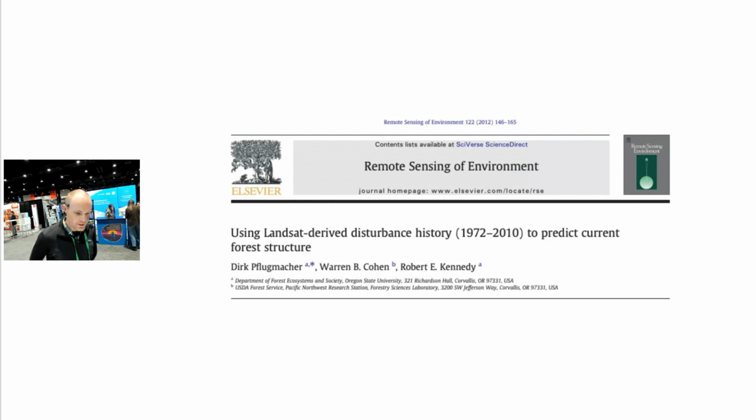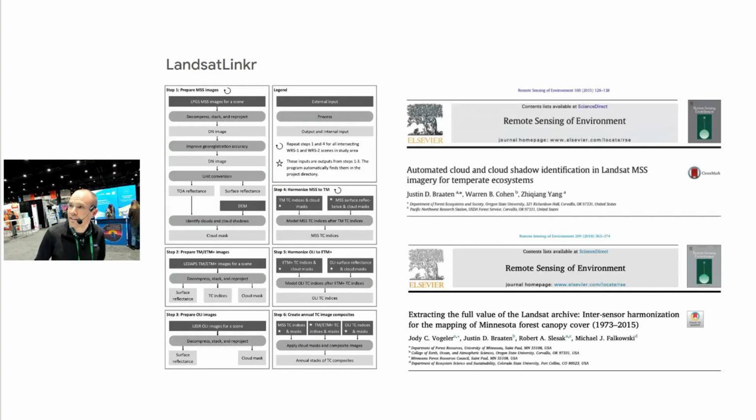And so some people at this research lab thought that if we could map disturbances back into the 70s, we would at least know when something happened and would have some more information and more context for what the present is like. And they found success by including disturbance information. They could better predict current forest conditions. And this was just sort of a one-off paper, and my supervisor thought it'd be great if we could do this more often. Can you please automate this process?